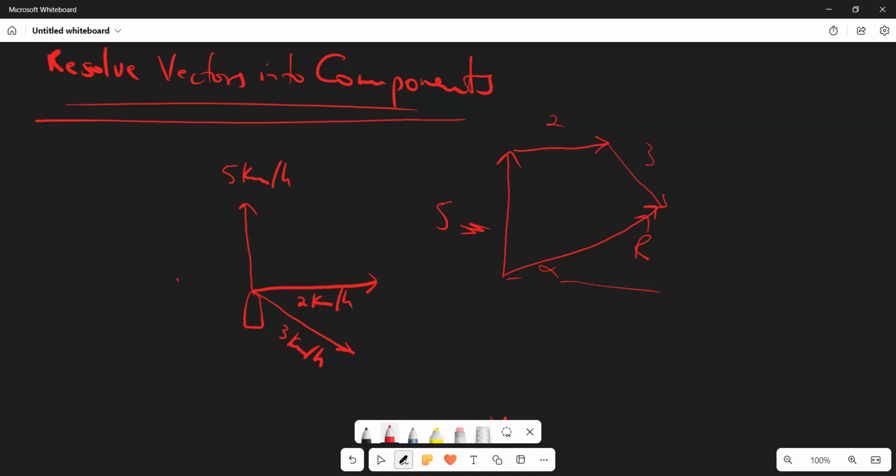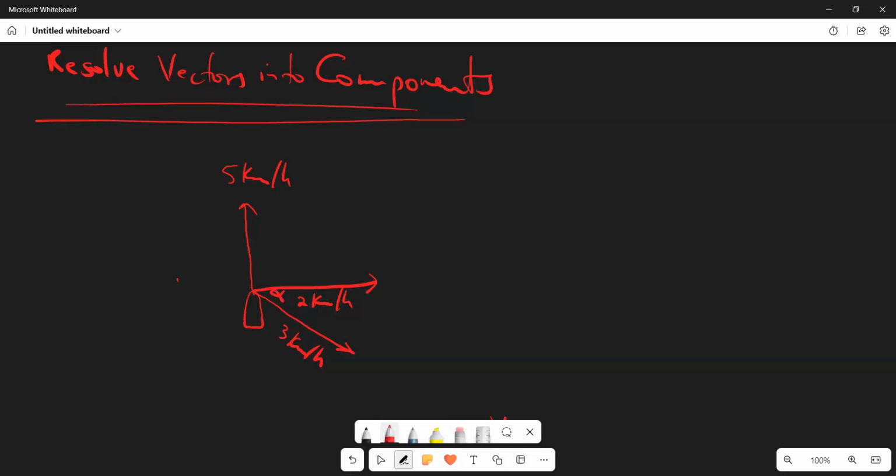If you want to find this angle, you can do that. Alternatively, you can use your knowledge of components now. You can take this 3 km per hour and resolve it. Let's actually resolve it and see what happens. I'm going to put an angle, so let's say it makes an angle of alpha there.